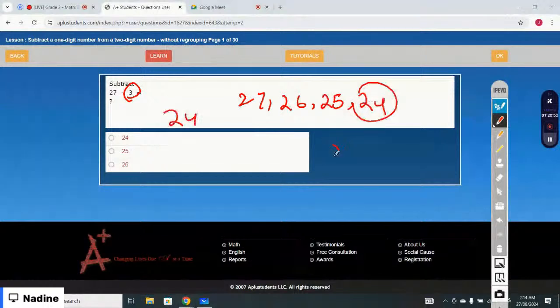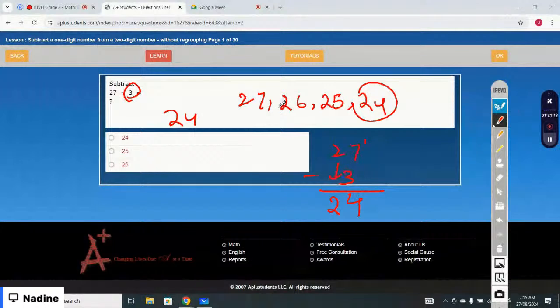The other way is you can write them down one above the other. Subtract the one digit. Do 7 take away 3, right? 7 take away 3 is 4. You need to bring 2 down. So 27 take away 3 is 24. The correct option is 24.